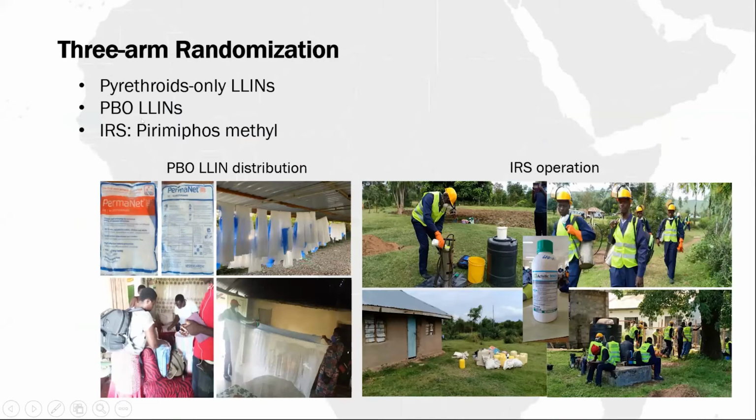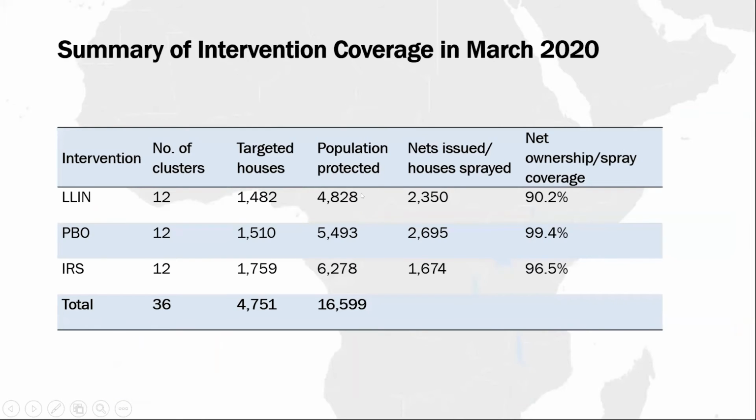And these are the intervention tools that we use: the pyrethroid-only LLINs, the PBO LLINs, and IRS using pirimiphos-methyl or Actellic 300 CS. And this is just showing our door-to-door distribution of nets and our IRS operational team.